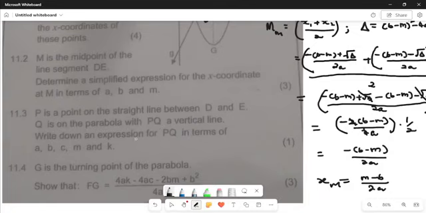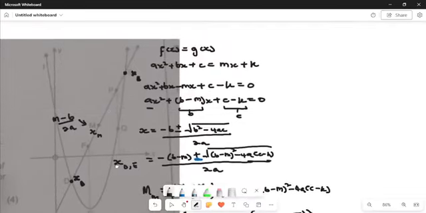Write down an expression for PQ in terms of a, b, c, m, and k. So we are told that we have that point P that's on that line segment DE, and then Q is on the parabola. In other words, we are required to present this vertical distance PQ in terms of our variables and unknowns.